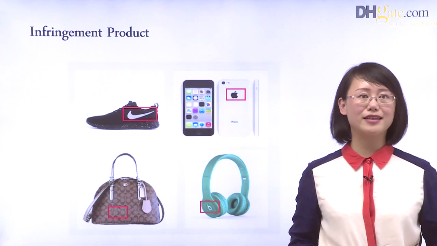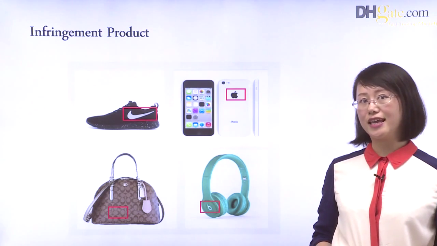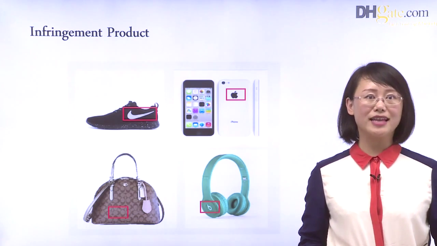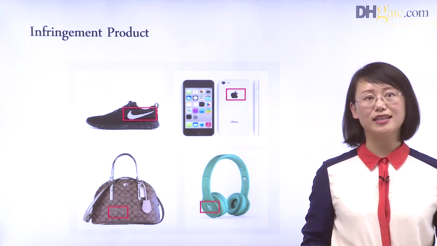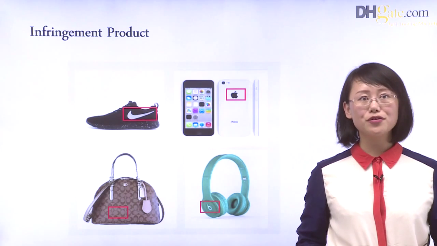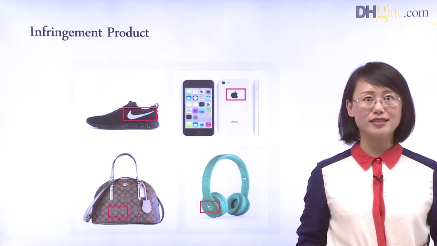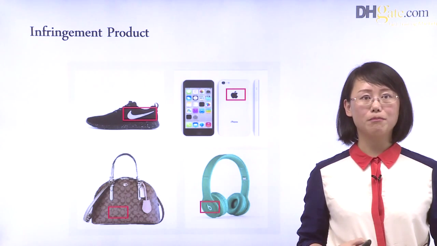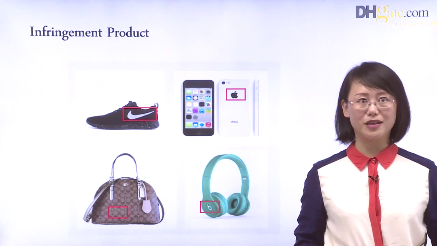The second one is infringement products. As you can see in this picture, we have the Nike, iPhone, and Beats logos in the product listings. If you are using these logos, these trademarks, without the intellectual property owner's permission, it will be identified as infringement.